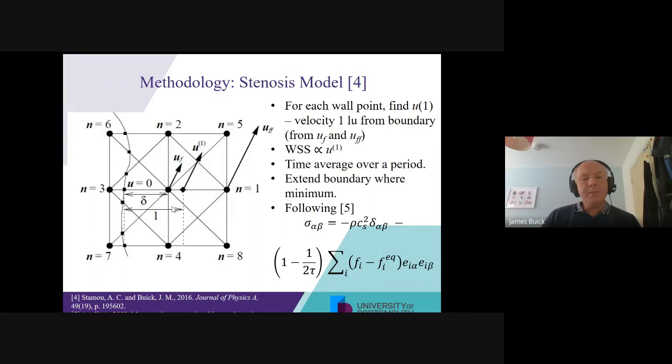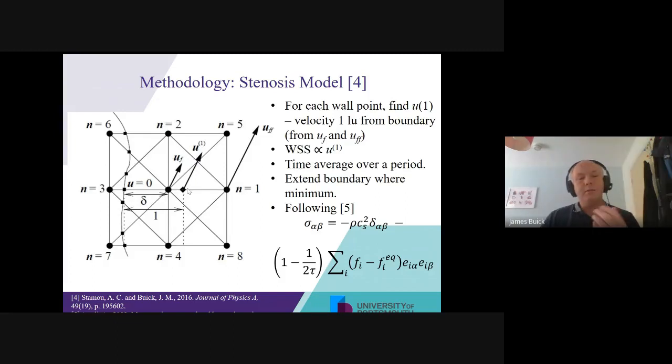You can see the same sites. Here in the middle, we have the known velocity UF. Out here, the velocity UFF. We find a further velocity, which is referred to as U1, and that's the velocity exactly one lattice unit from where the actual wall is.